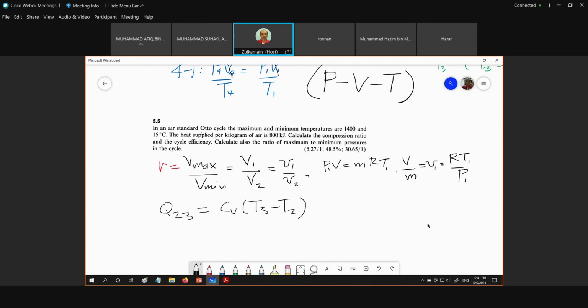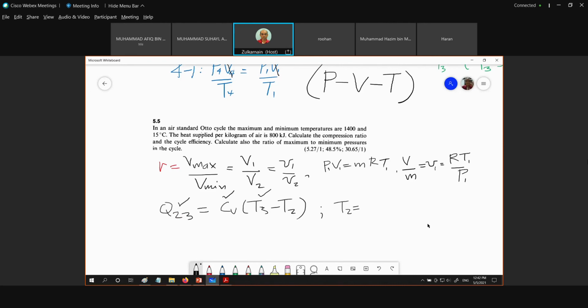We have the T3, Cv for air, and the Q23. So from this equation, we could solve for our T2. Get the T2 for me, using the Cv as 0.718.